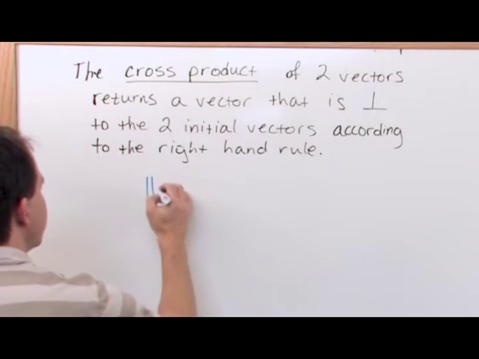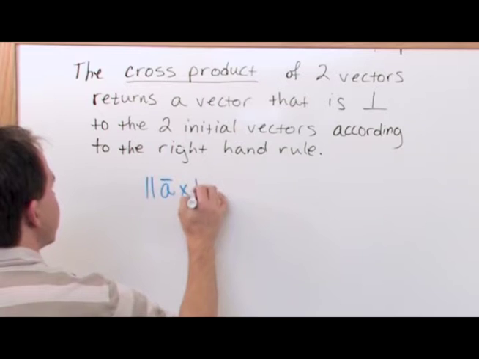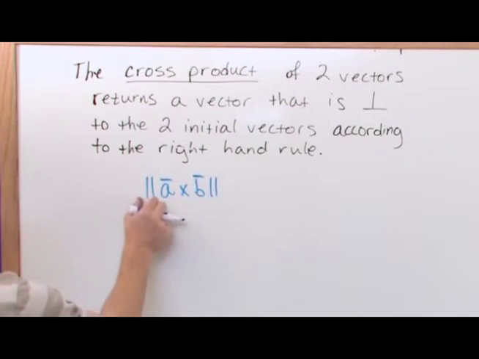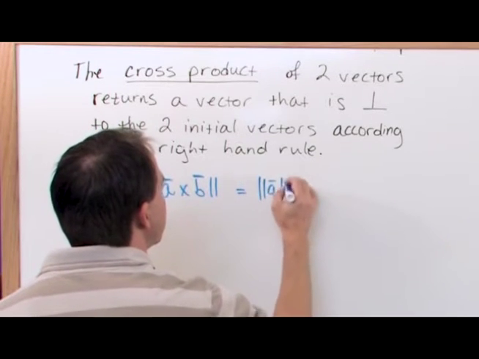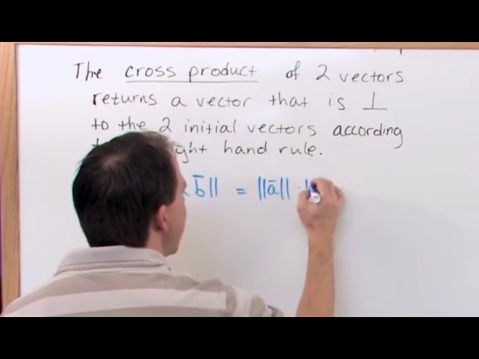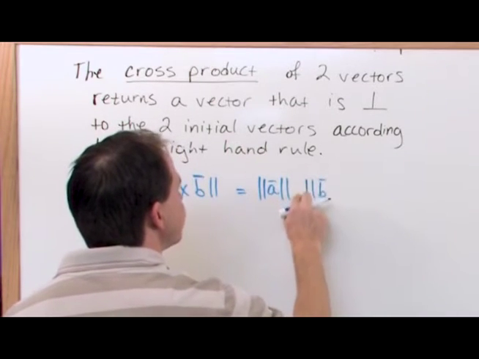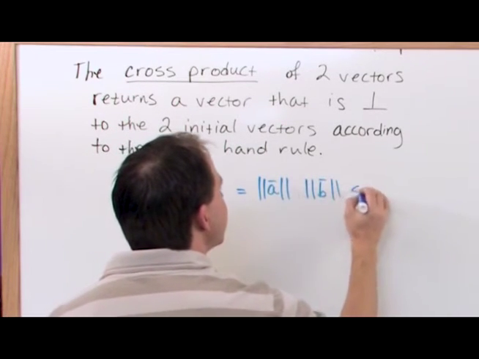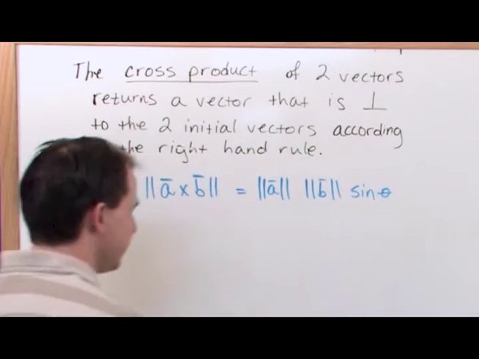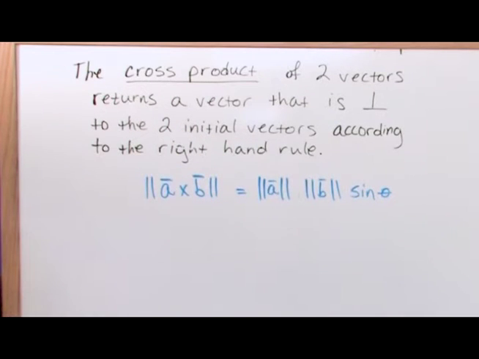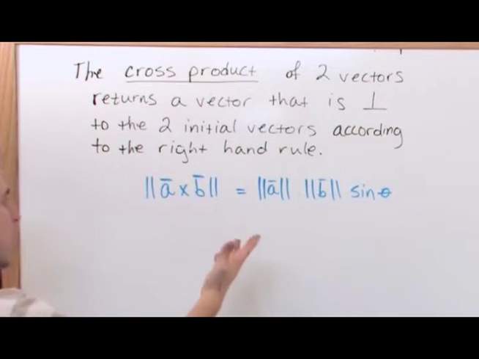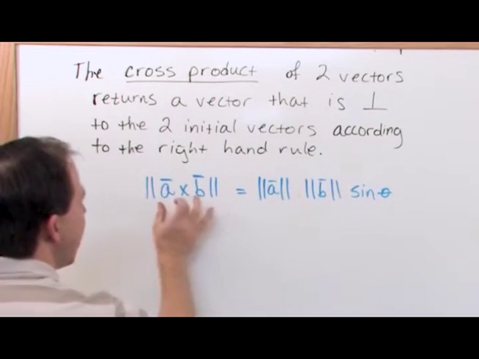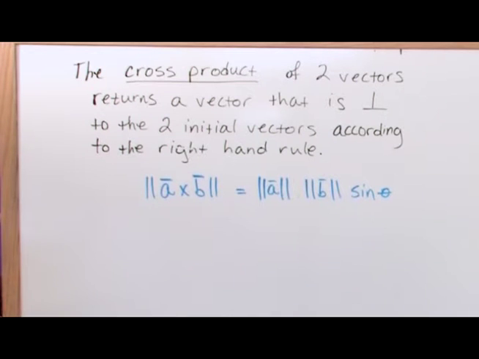The magnitude of the cross product of two vectors is equal to the magnitude of A vector times the magnitude of B vector, times the sine of the angle between them, okay, the sine of the angle between them. So you can see right away that this operation is going to produce a number because we know how to calculate the magnitude of the A vector. That's basically the distance formula. We've talked about that.